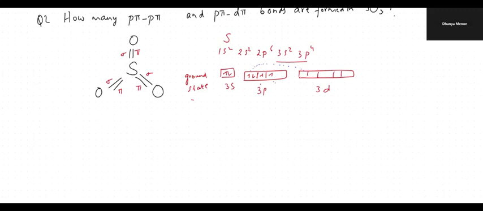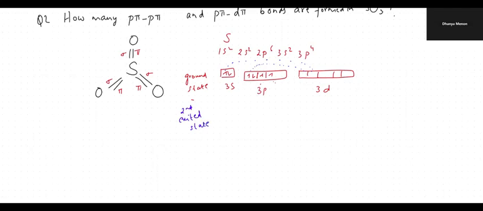But this is not enough. Here it will have only 1, 2, 3, 4 unpaired electrons. This is not enough. We need 6 unpaired electrons. So one more electron can jump from 3s to 3d. This is the second excited state. So I'm drawing the second excited state because 2 electrons have jumped, no?